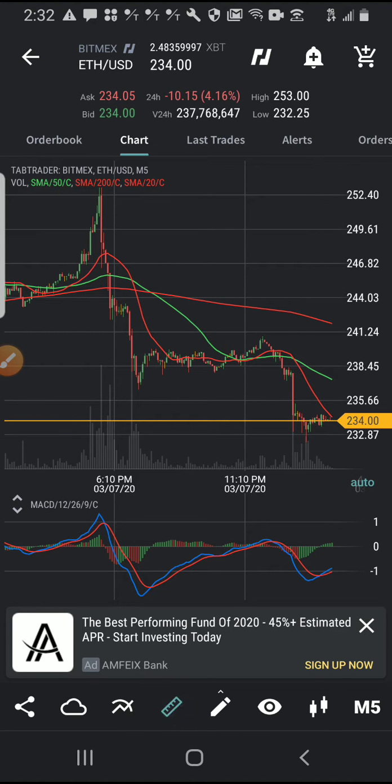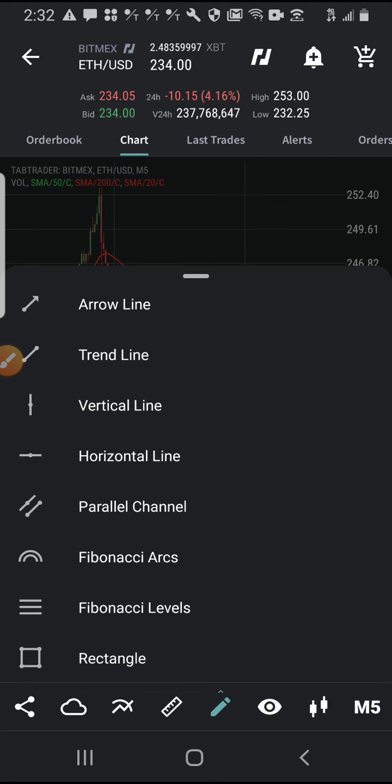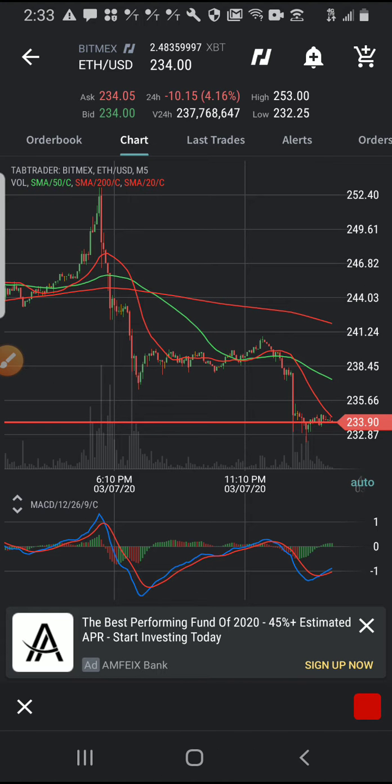Then the next one is the ruler. I think mine is disabled, but let's make use of our pencil icon. So here you have basically all your tools: your trend line, arrow line, vertical, horizontal, parallel, Fibonacci, levels and rectangle. So we're going to be using our arrow lines to draw, let's say, a falling wedge.